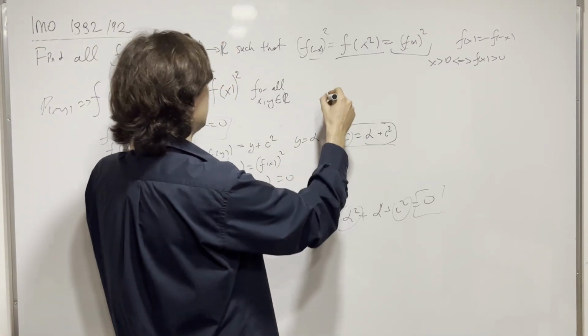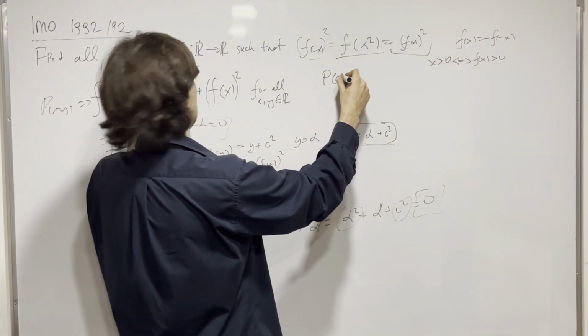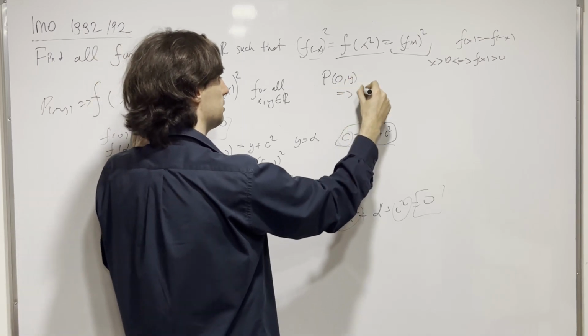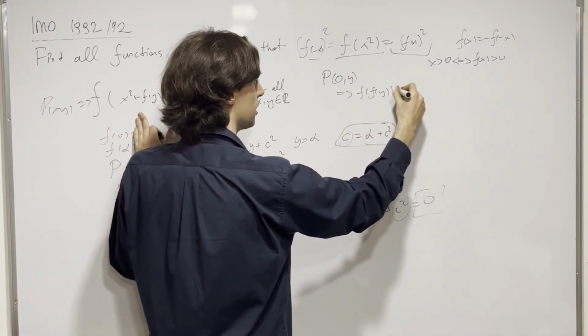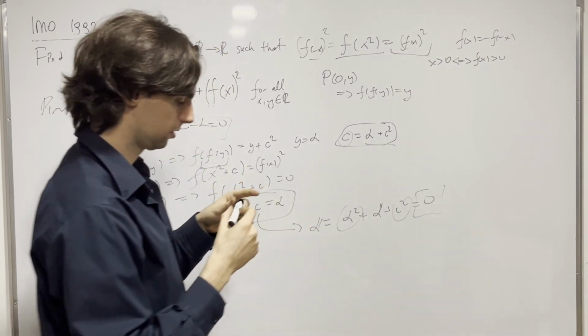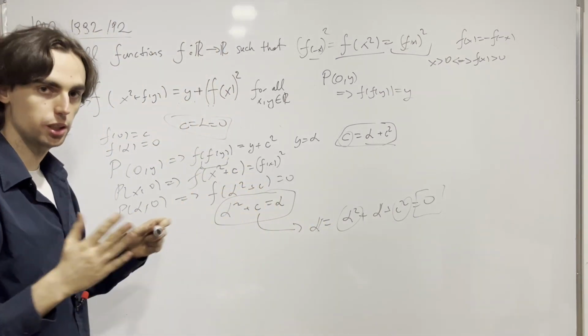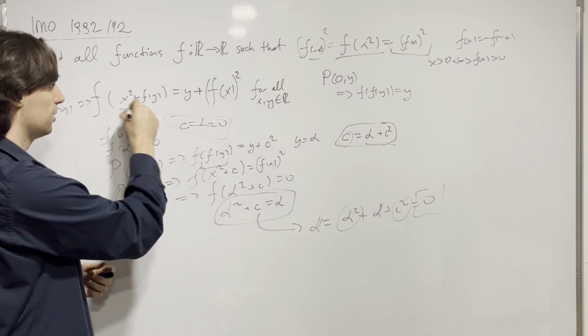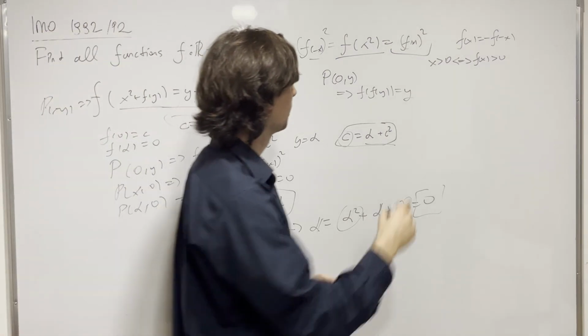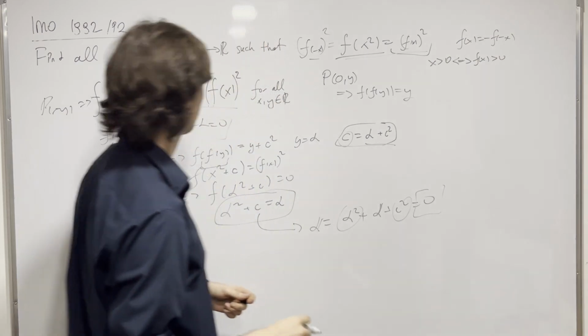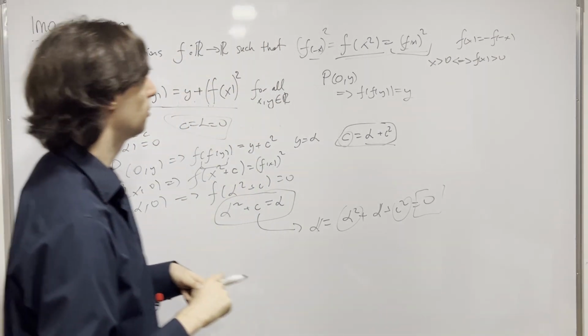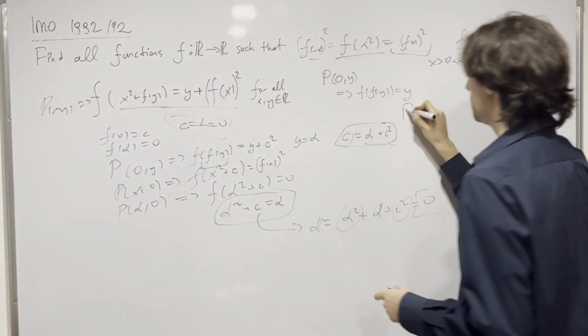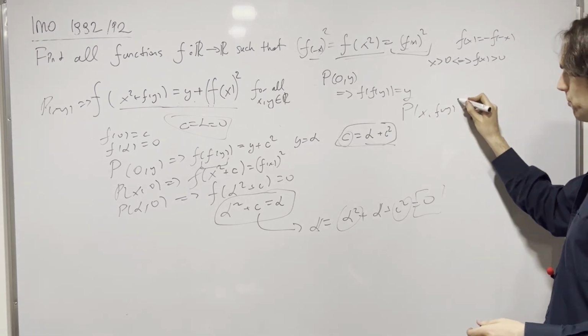We also have plugging in 0 and y gives us f of y is equal to y. And now what do we do here? When I think about this equation and this fact, I immediately want to plug in p of x and f of y.